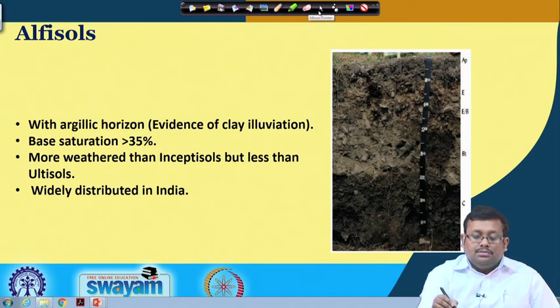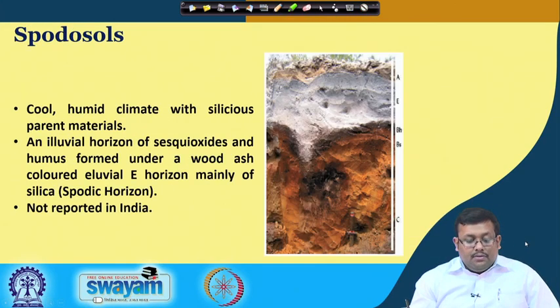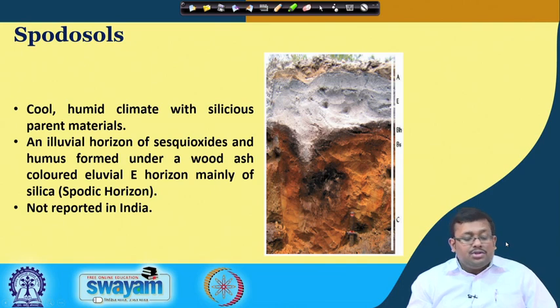So what is the next one? The next one is called spodosols. Spodosols generally form in cool and humid climates with siliceous parent materials. They show an illuvial horizon of sesquioxides and humus forming under a wood ash colored eluvial E horizon.